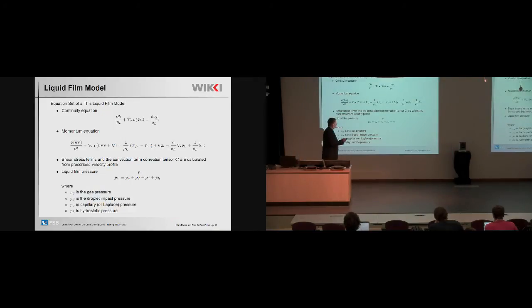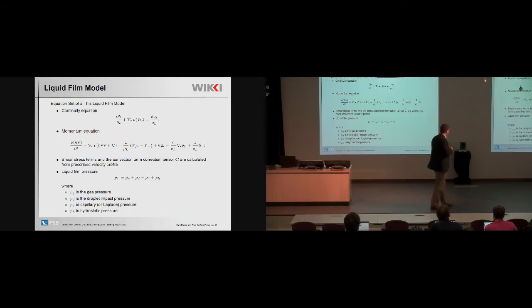So my first equation is the continuity equation for the film, which says dh by dt, meaning the variation of the film thickness, plus convection is equal to the mass of liquid droplets hitting the film divided by the area.